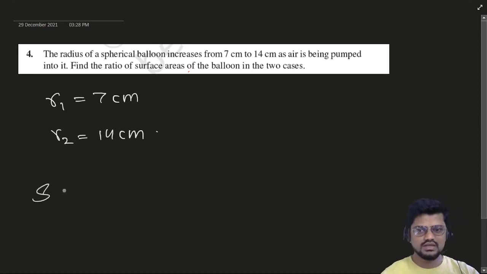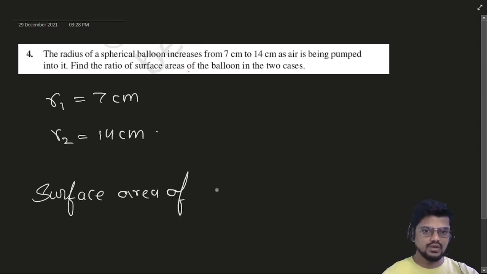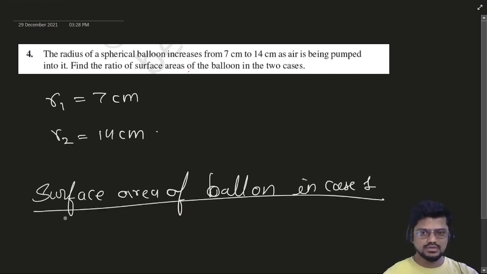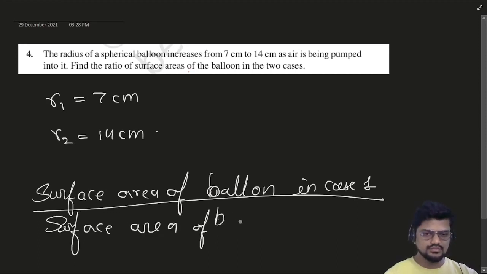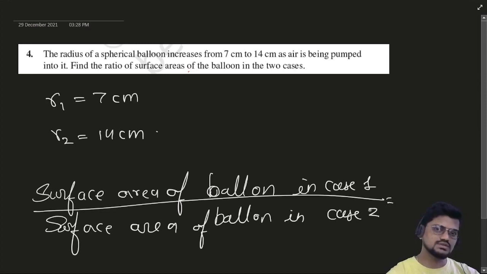Now, surface area of balloon in case 1 upon surface area of balloon in case 2. Okay, so there are two cases.